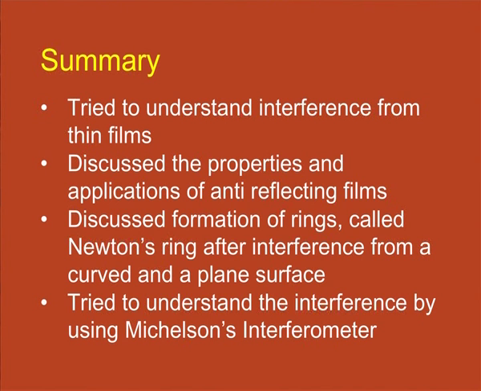Then we discussed the properties and application of anti-reflecting film. To obtain an anti-reflecting film, which basically tells us that there would be less loss from the film when light is incident on it, if we do not want any loss from the surface of the film in terms of reflection, then the property that we tried to understand from the concept of anti-reflecting film can be useful.